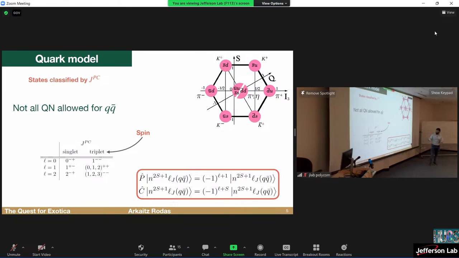If I am going to use J^PC, so angular momentum, which we said is a fantastic quantum number, and then parity and charge conjugation to define our states, only some of them will exist in terms of the quark model. For example, for total spins, singlet means spin 0, triplet means spin 1. These are the quantum numbers that are allowed for J^PC.